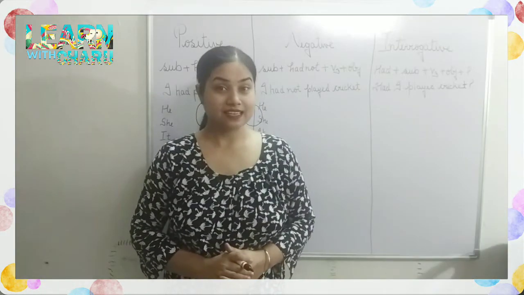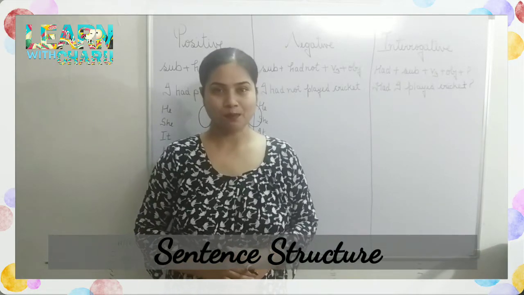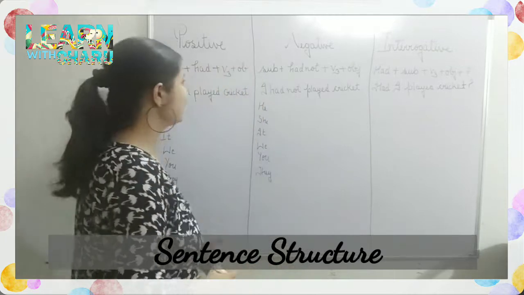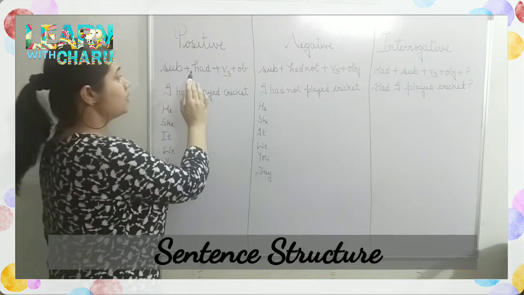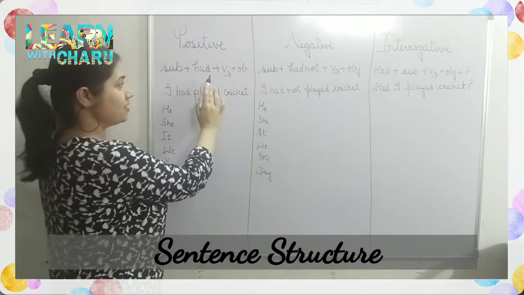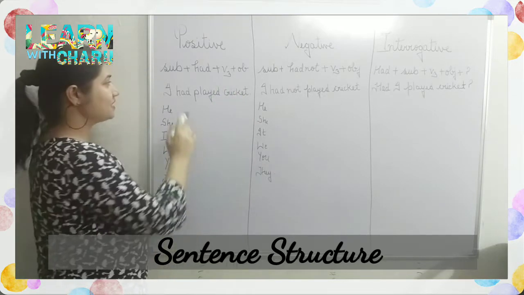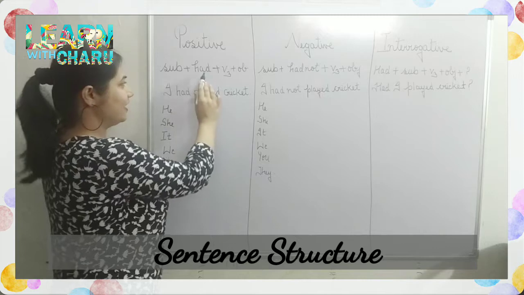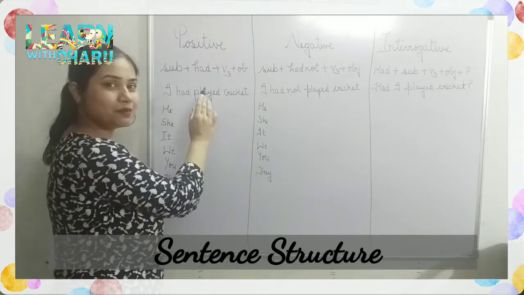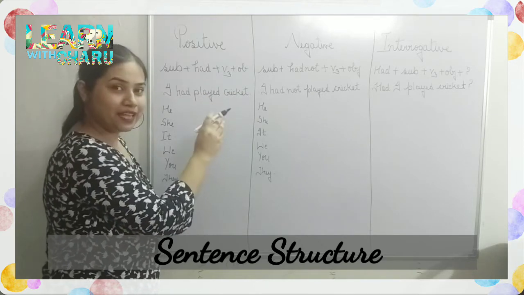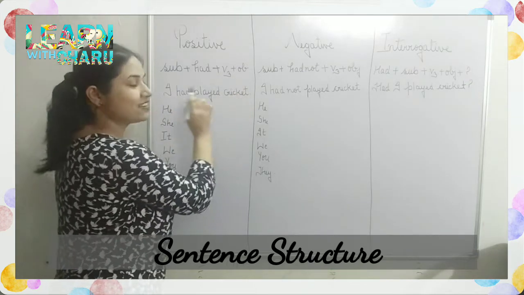Now, let's understand the sentence structure of past perfect tense. Positive sentence: subject plus had plus verb's third form plus object. Subject is I, had is here, third form of play is played, and object is cricket.